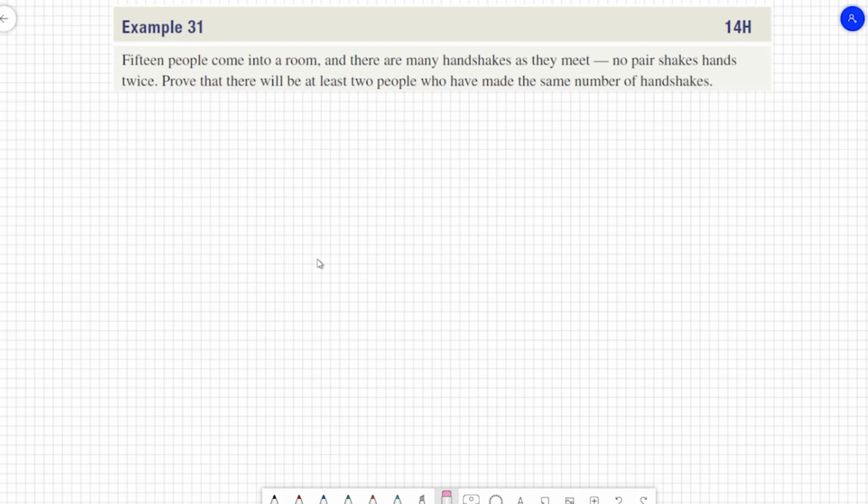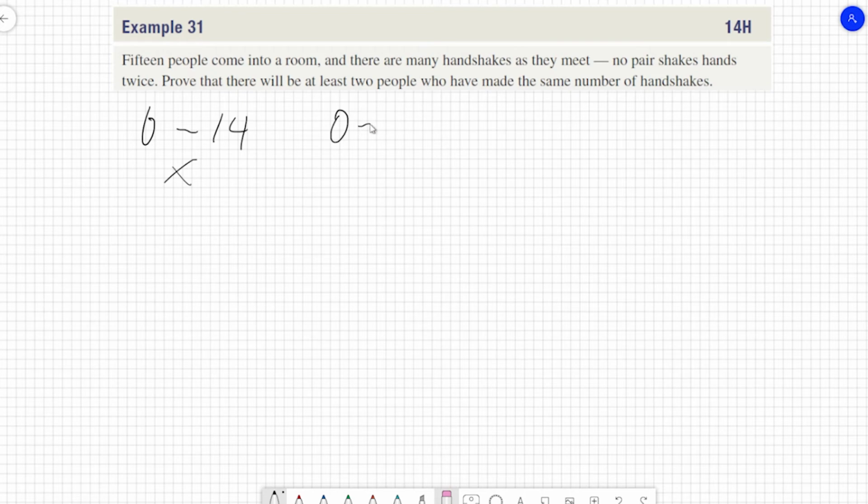So that means there's a potential for each person to shake between 0 to 14 hands, isn't it? But when you really think about it, these two are actually mutually exclusive. If one person has shaken 0 hands, then no one else will be able to shake all 14 others.